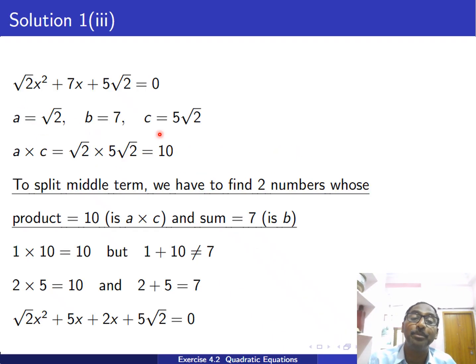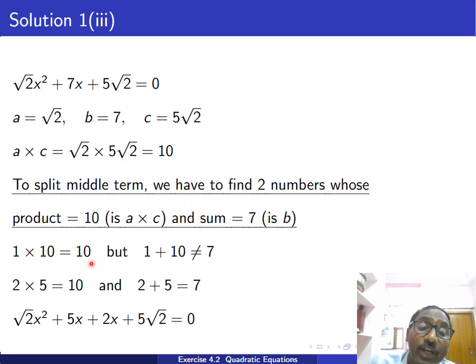I have written the a, b, c values. I found a times c giving root 2 times 5 root 2, that is 5 into 2 equal to 10. To split the middle term, we have to find two numbers whose product equal to 10 and sum equal to 7.